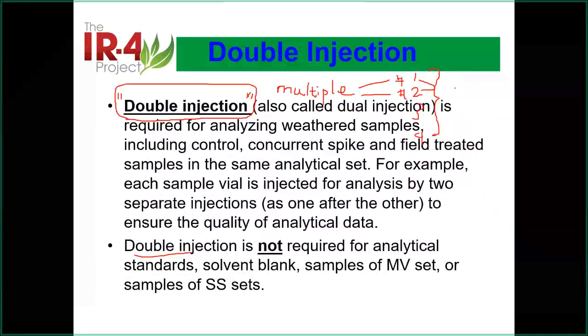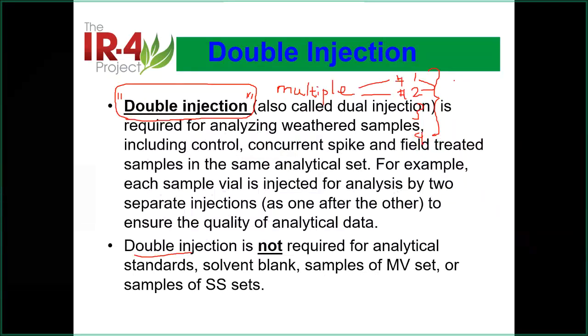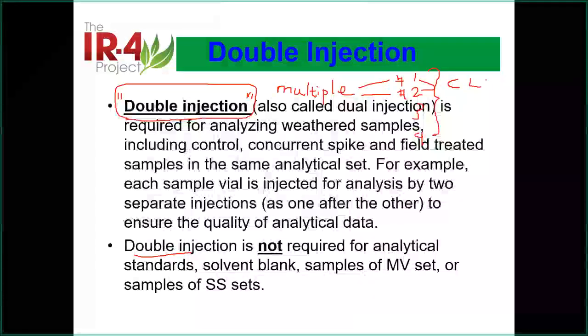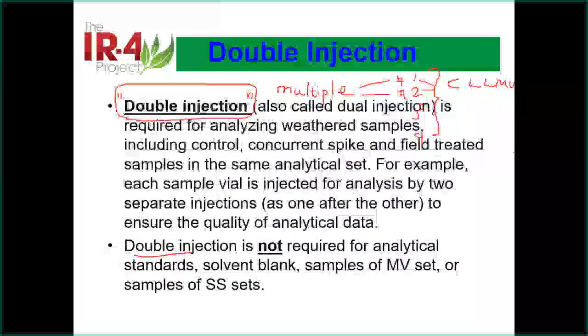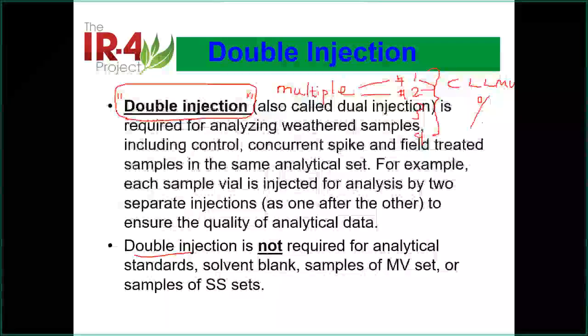So what we say is, if it is below LLMV, you really don't care. So basically, you don't report anything. So double injection doesn't matter, especially when you go down to a very low level, and the error by percentage is huge.